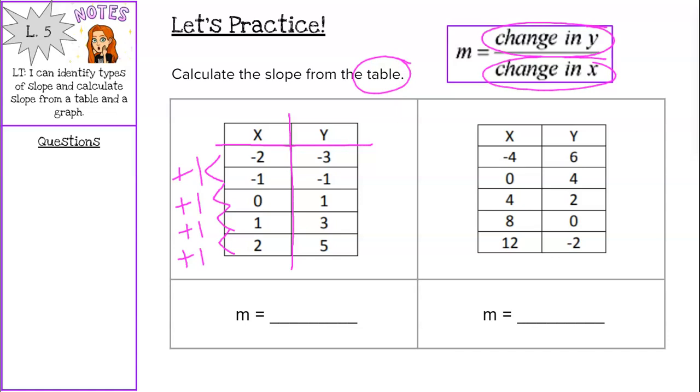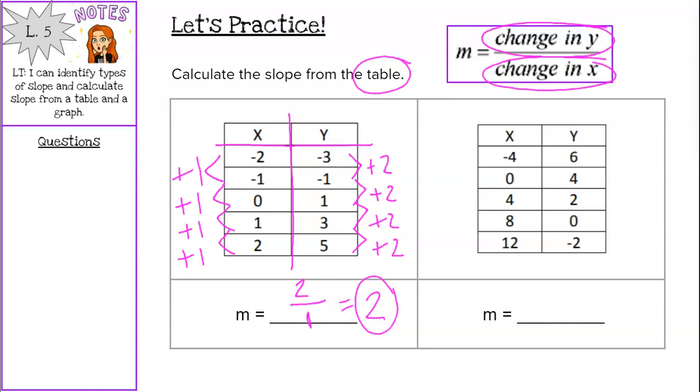So we have -3 to -1, that's going up by 2. -1 to 1, that's going up by 2. 1 to 3, that's going up by 2, and 3 to 5, that's going up by 2. So then I just write that as a fraction. My change in y goes on the top, so that's 2. And then my change in x is 1. So we have the fraction 2 over 1, which actually reduces to 2.